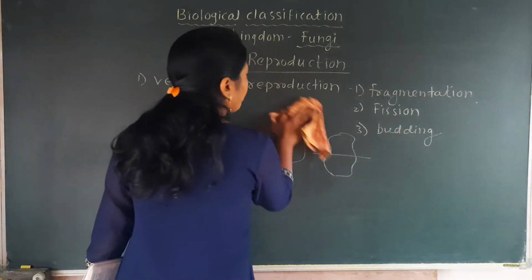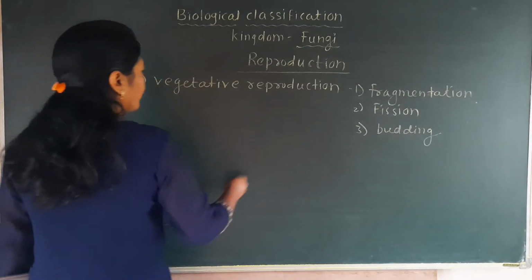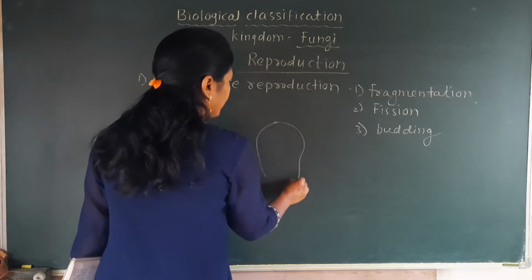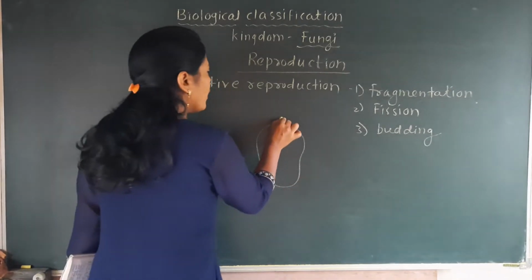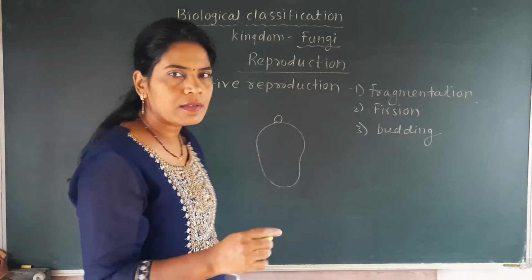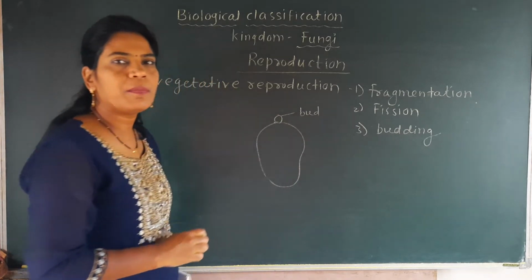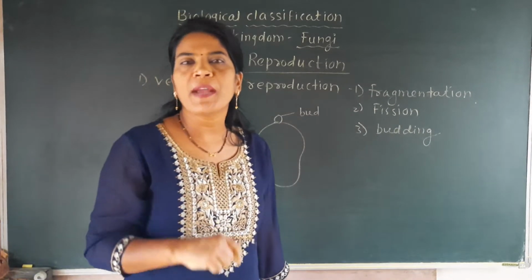That means the bud is a part of the body of the fungi. On this fungi, a small structure is present, and that structure is called the bud. At an early stage, this bud is very small, in immature form.